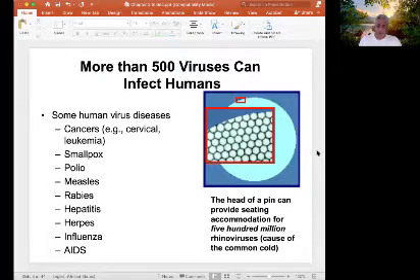Some of them are listed on the left-hand side of this slide. The important thing for you is to be able to try to discriminate between diseases caused by viruses, as listed here, and those that are caused by non-viral agents like bacteria, protozoa, and other types of parasitic agents coming from the animal kingdom.